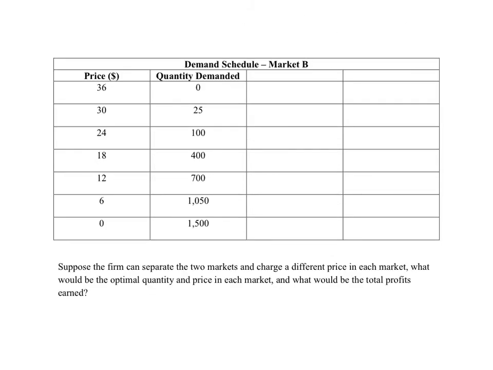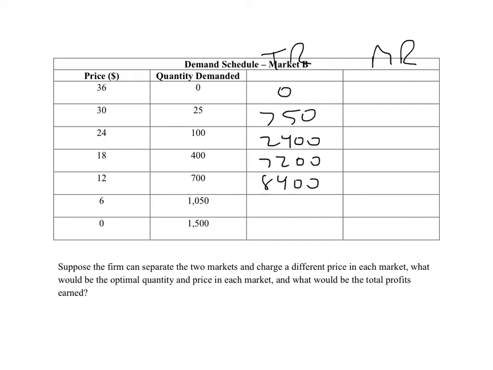We're going to go through the same process in Market B, computing total revenue and marginal revenue. Total revenue is price times quantity. So if you don't mind, I'm just going to compute these numbers. At 1,050, 6,000. Okay, now notice what just happened.